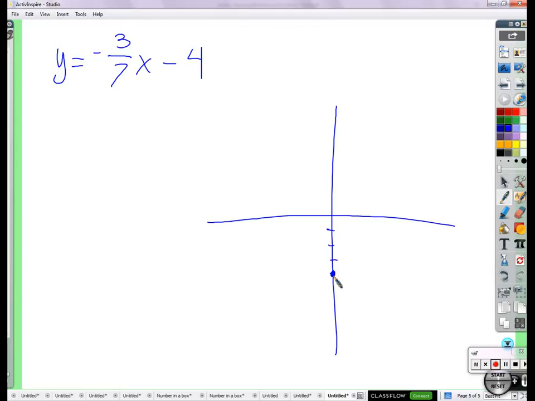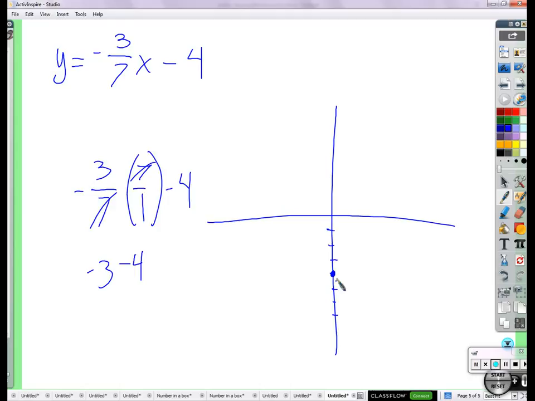So it's that next point that becomes just a little bit of a challenge. How are we going to find that next point? Use 7 or something divisible by 7. -3 over 7 times 7, 7 divides 7. We're left with -3 times 1 over 1 times 1, -3, then minus 4, -7.